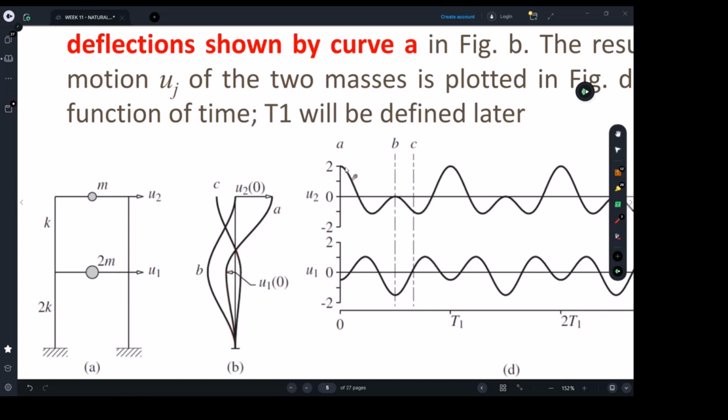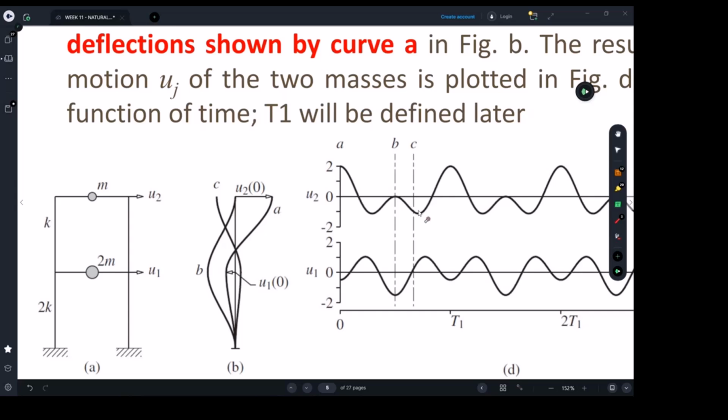What's going to happen? Each floor is going to move randomly on its own, right? There is no similarity between level 2 and level 1. Let's talk about point B. At point B, the second floor is almost 0, while the first floor is at maximum negative.